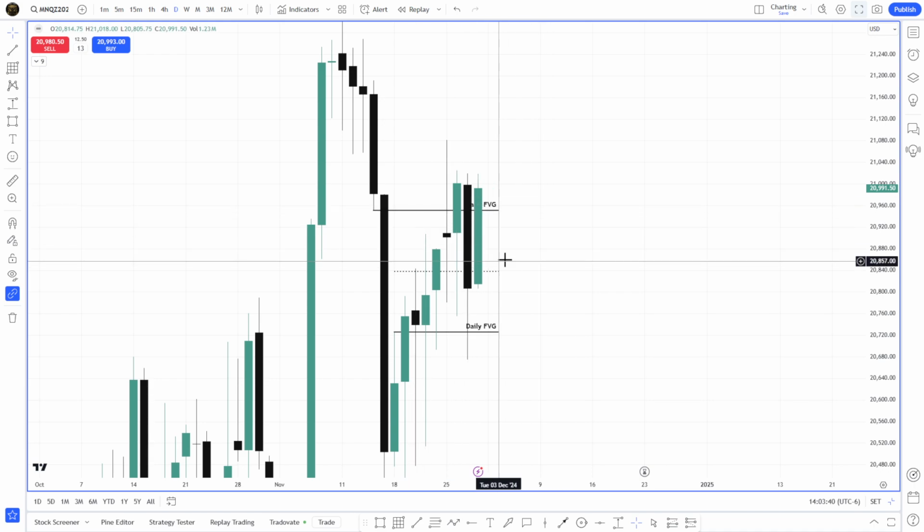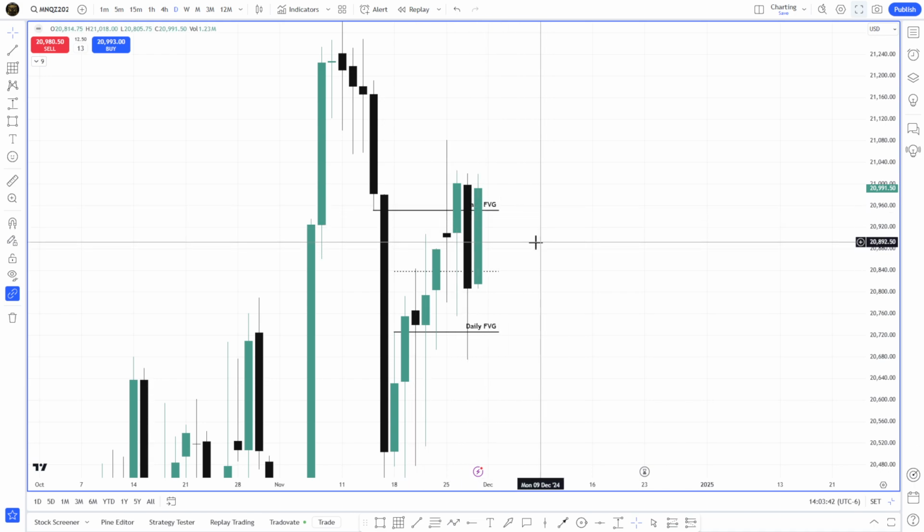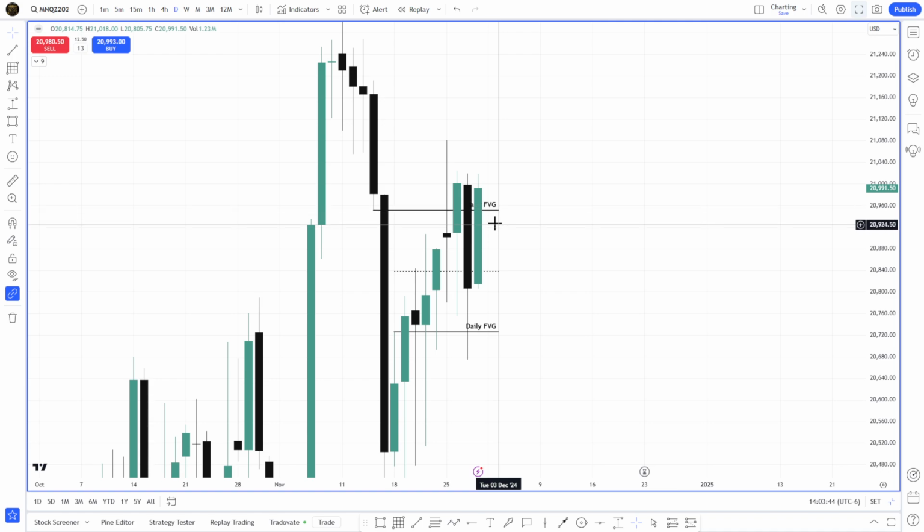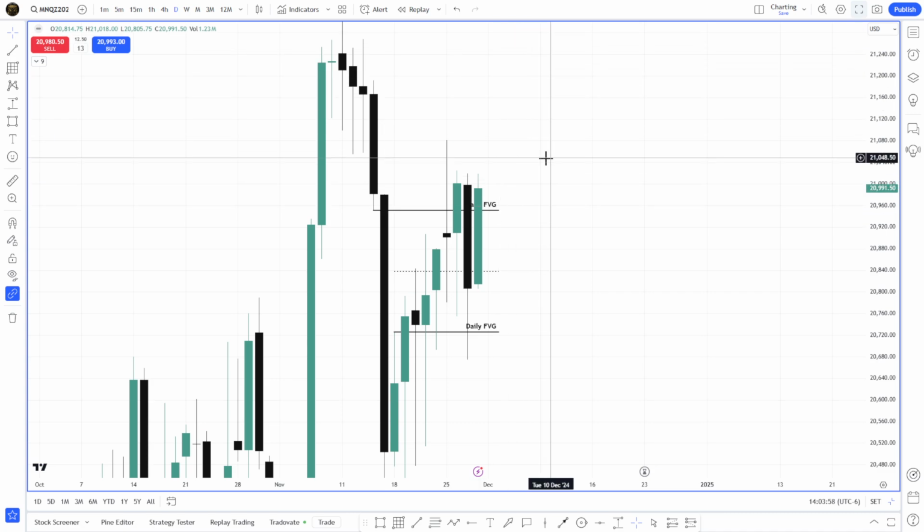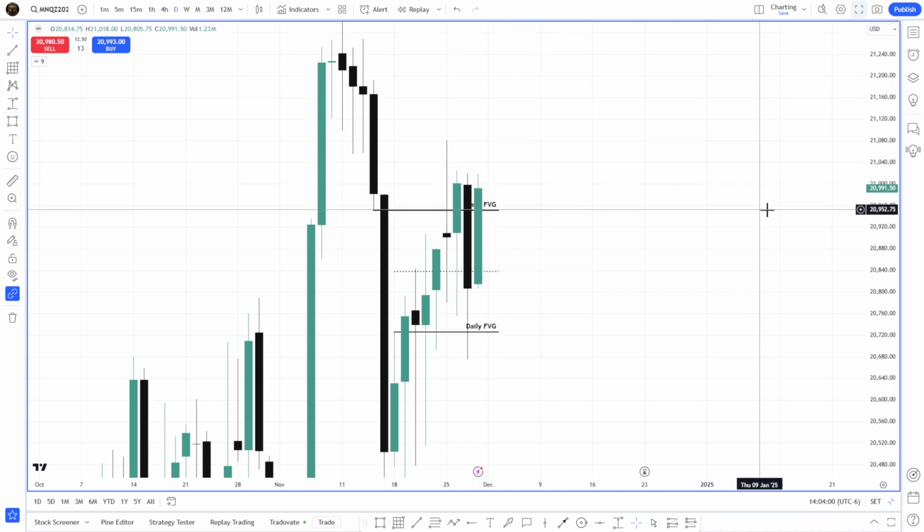Again, I'd like to see some inverse fair value gap action take place and us move down into here possibly. Maybe opening, buy side, sell side, higher. Okay, that would be ideal.